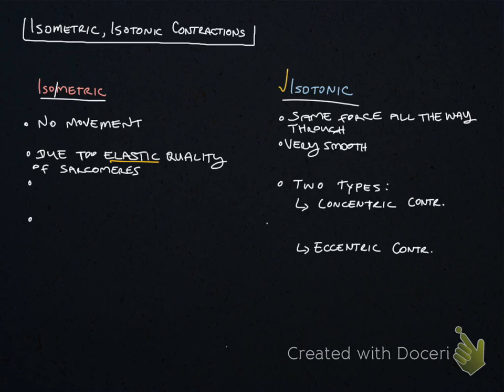Whereas with isotonic, it is the same force all the way through. It is very smooth, and we have 2 types. It is either concentric or eccentric. So with concentric, there is actual shortening of the muscle. With eccentric, it lengthens the muscle.